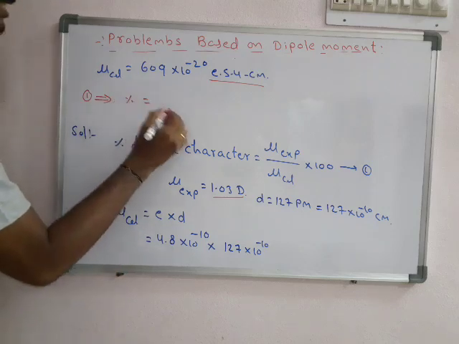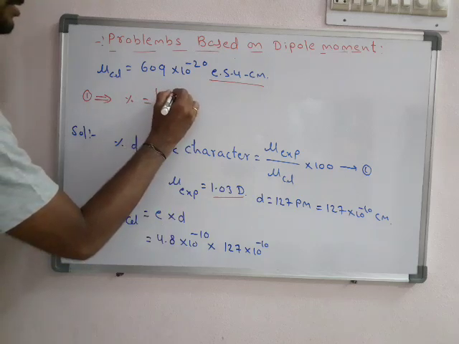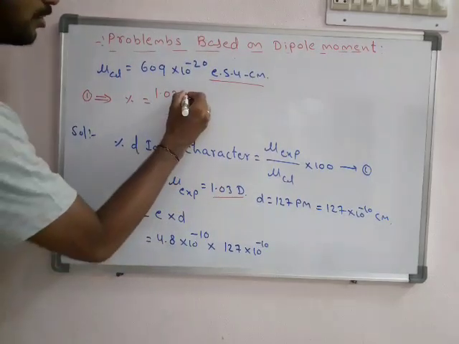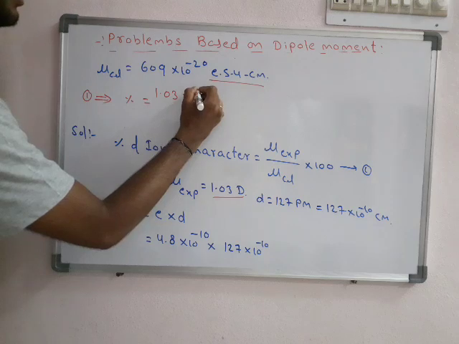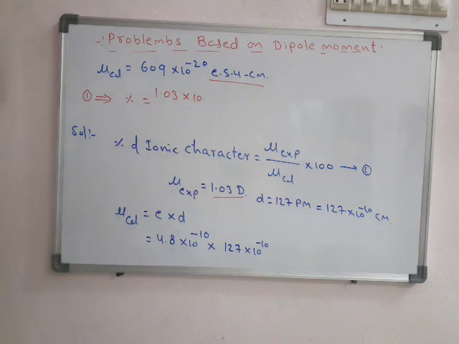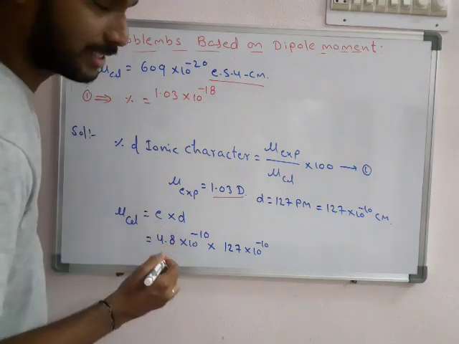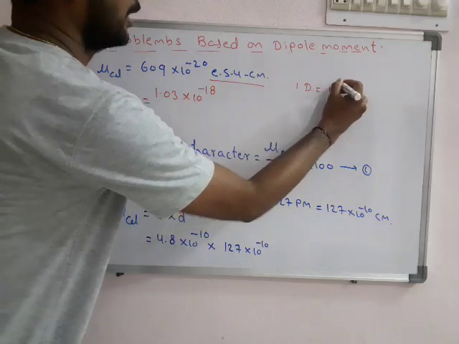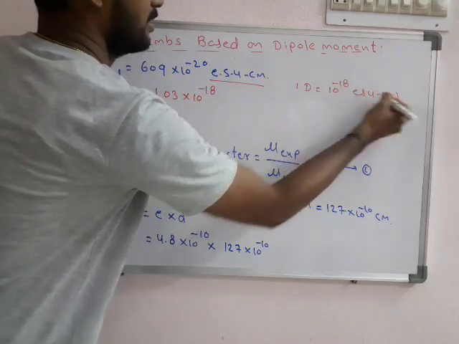So the percentage equals the experimental value, 1.03 Debye. Converting into ESU centimeters, what is the relation? We have the formula: 1 Debye is equal to 10 to the power of minus 18 ESU centimeter.